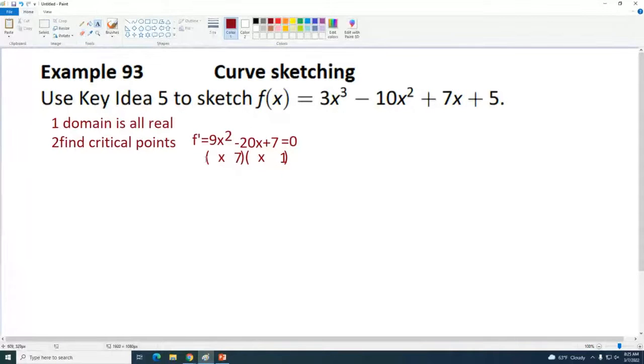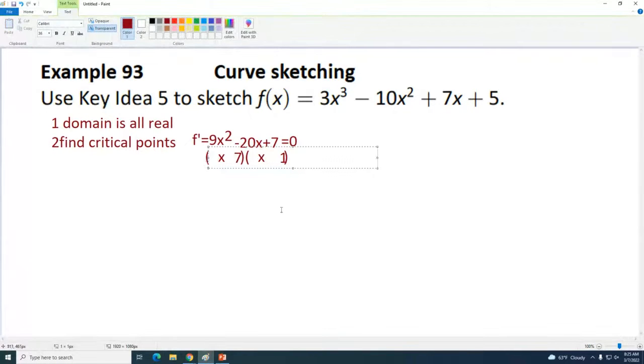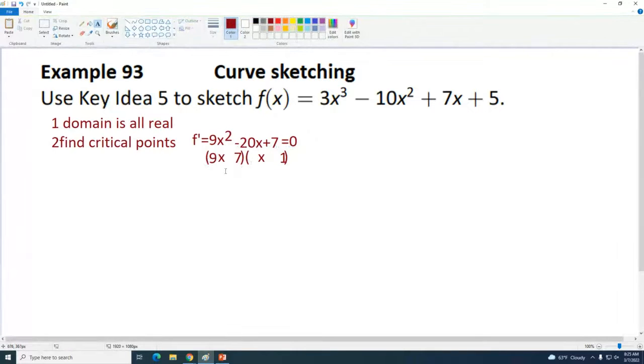This is 1, 9x times x. And that makes 7x and 9x, right? So that doesn't work out. So maybe we can switch this. We got 9 here, but 1x over here.